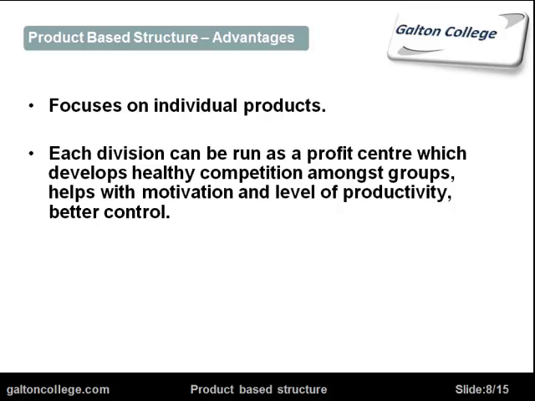And this can promote productivity and also more allegiance to the business. So there's better control within the business. Workers see it as their business. It's not a part anymore of a big conglomerate or a big sprawling organization. It is now a specific business aimed at a specific market, making specific products, and the workers can relate to this.